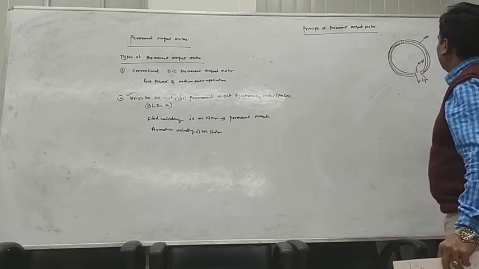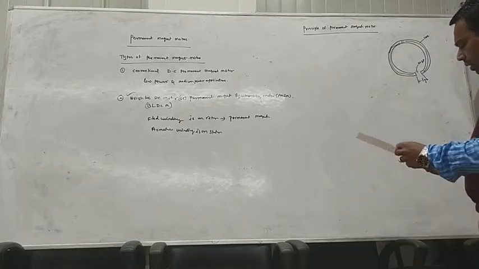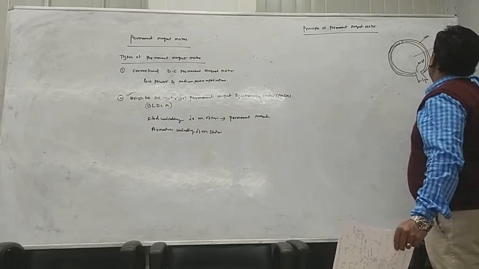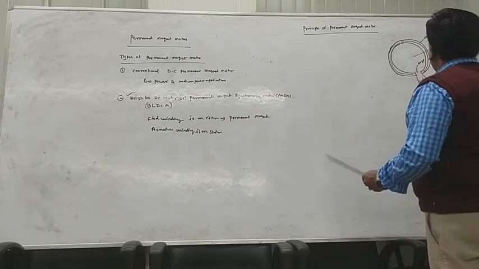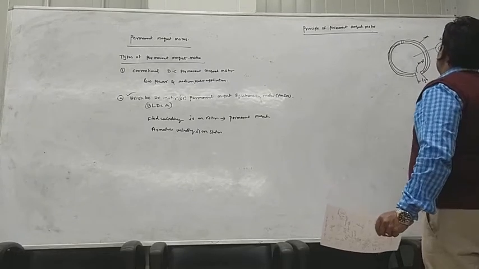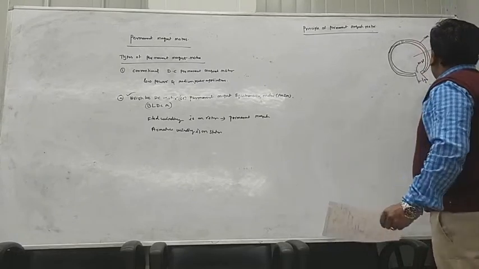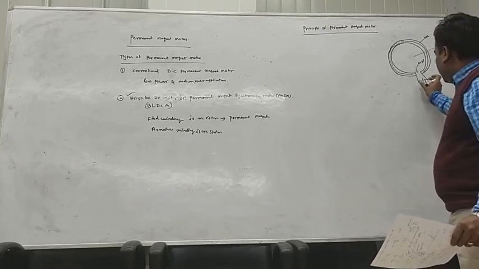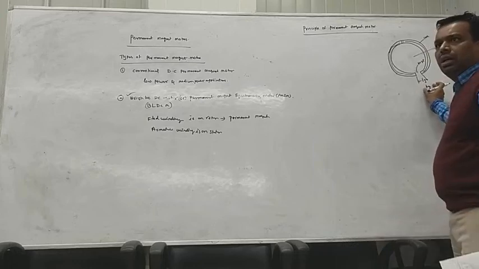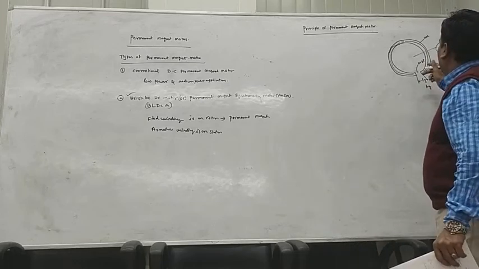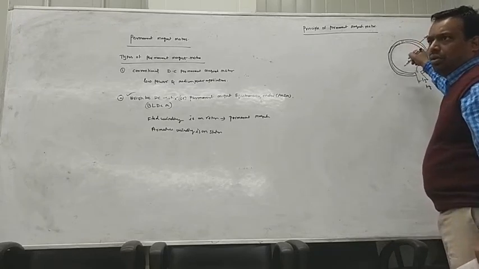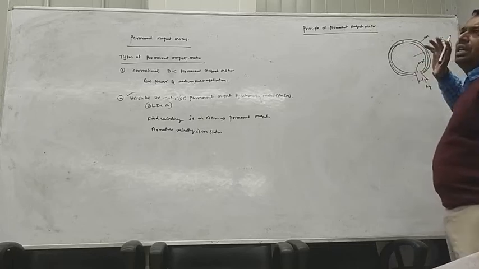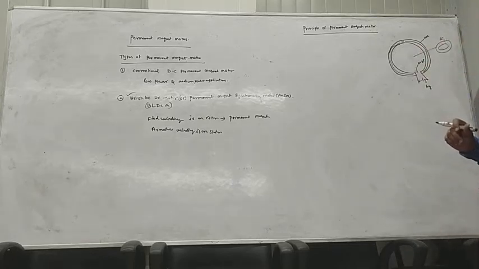The cross sectional area of the iron is A, and the cross section of the air gap is Ag. So the length of the air gap is Lg, the cross sectional area of the air gap is Ag, the total length of the iron core is Li, and the cross sectional area of the magnet is A.